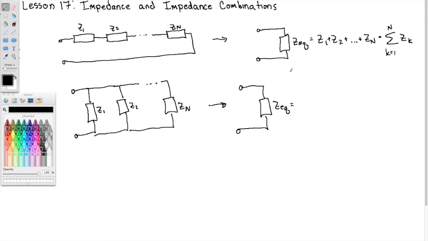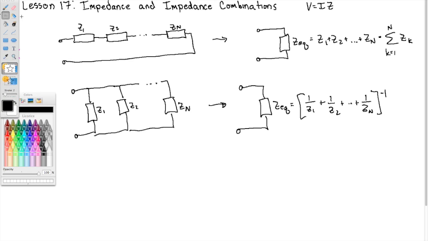Again, because the Z is playing the same role, right? It's playing the role of the resistor. So this would be 1 over Z1 plus 1 over Z2 plus all of these things, Zn inverse. And there is a similar combination for delta Y. I'll let you read your book about that.